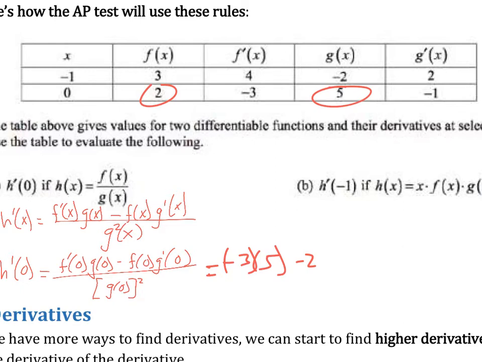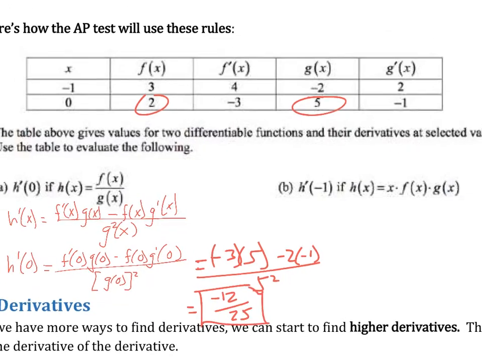That is -1. All over g of 0 squared. g of 0 is 5, so that'd be 5 squared. So on top we have -15, and this would be a +3. -15 plus 3 is -12 over 5 squared, 25. All right.